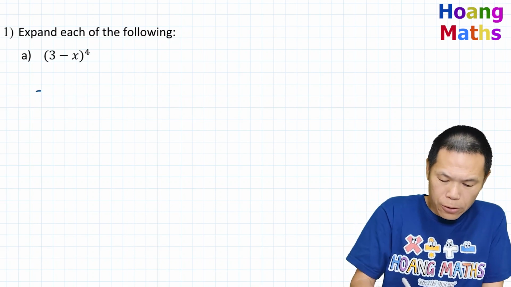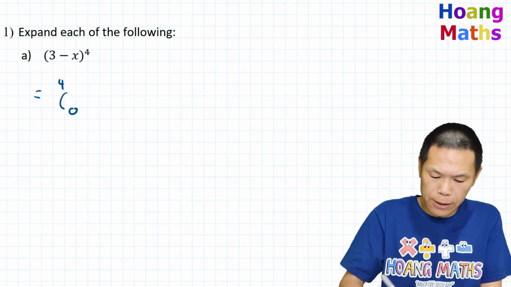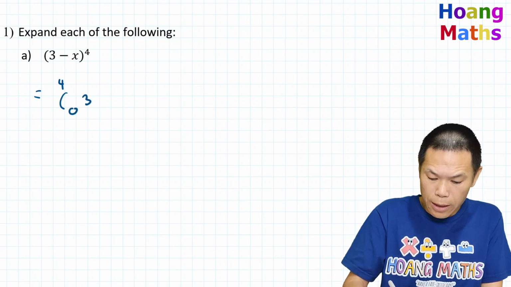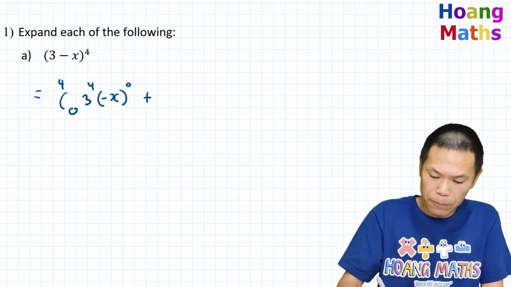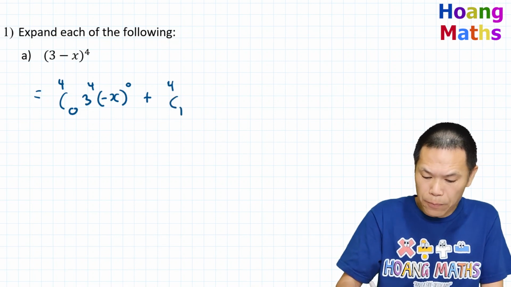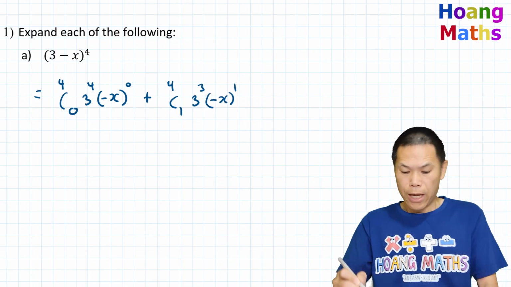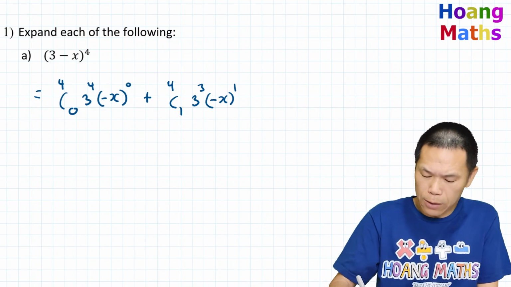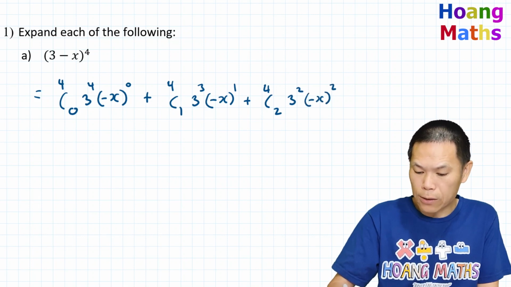So that is equal to, we have 4C0, that's the first term, which is 3 to the power of 4, negative x to the power of 0. Then we add 4C1, and we have 3 to the power of 3 and negative x to the power of 1. And then the next term is we add 4C2, so 3 squared, negative x squared.